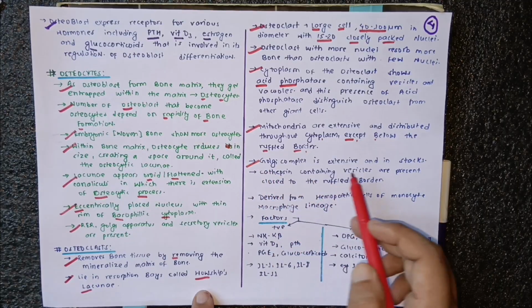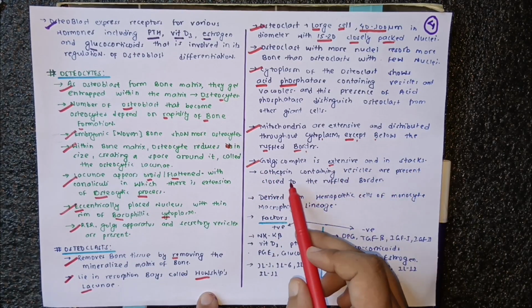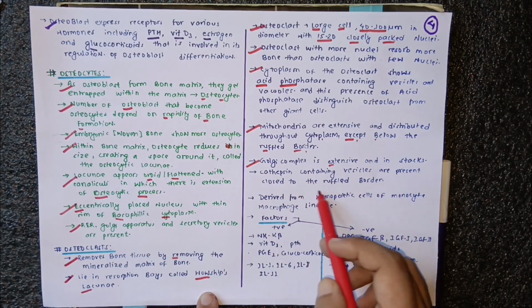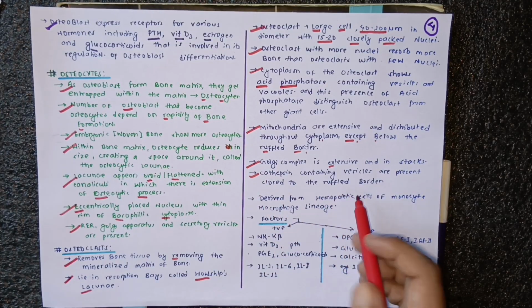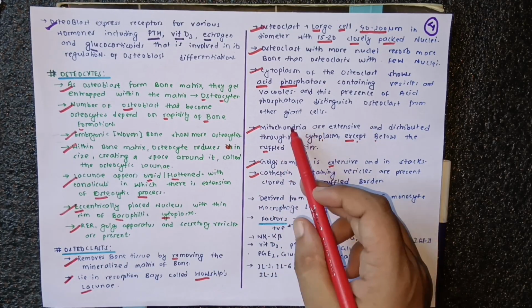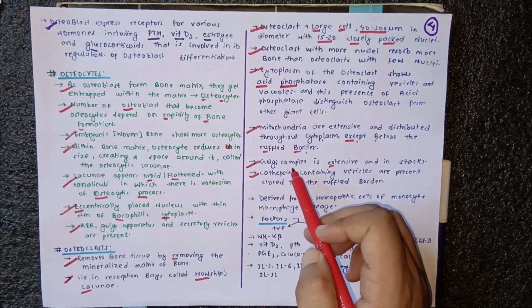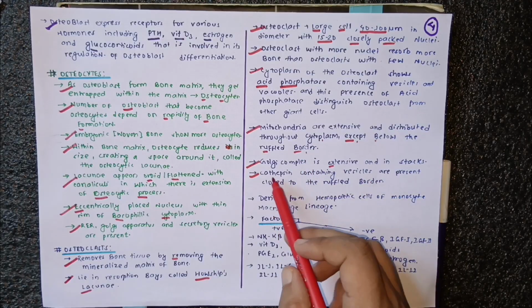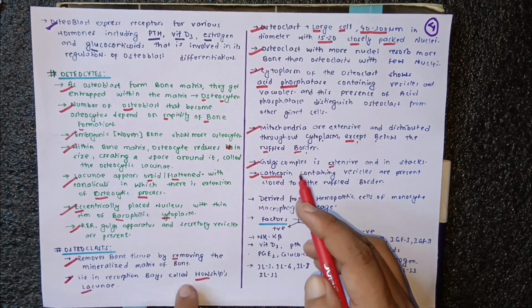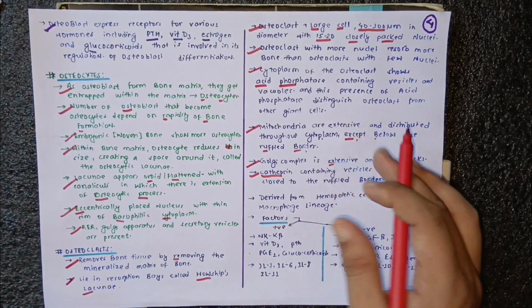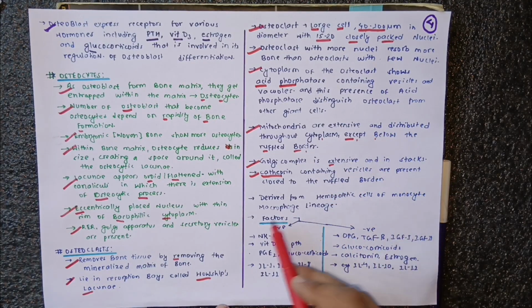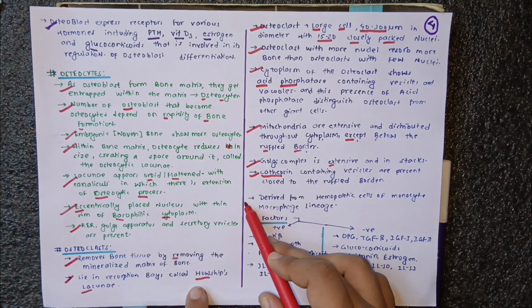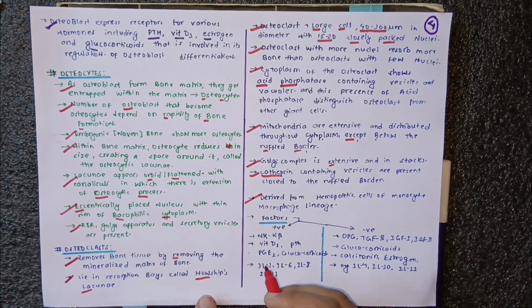Cathepsin-containing vesicles are present close to the ruffled border; adjacent to it we can't see mitochondria or Golgi complex, but we see the vesicles containing cathepsin, which are responsible for resorption. It is derived from hematopoietic cells of monocyte-macrophage lineage, which is the origin of the osteoclast.